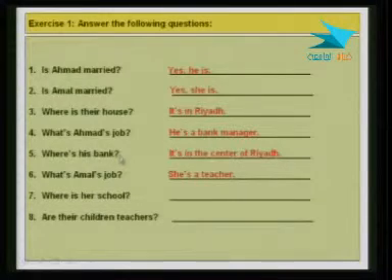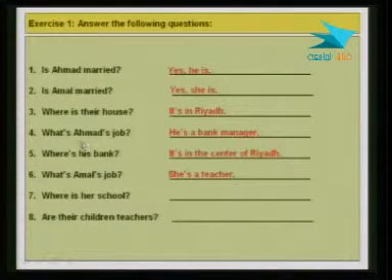Here, another way of asking this question is to say, where's Ahmed's bank? We can say that. Or, where's his bank? And the reason we use his is because we just mentioned his name in the previous question.